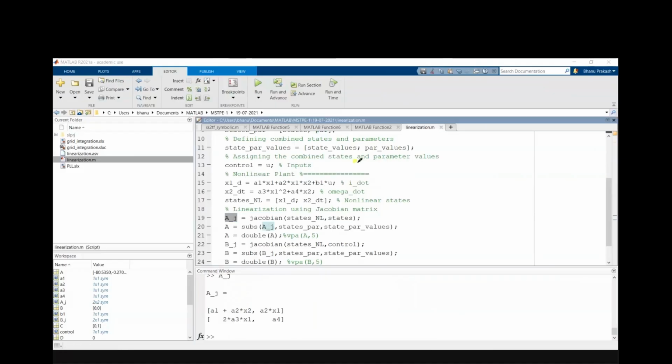Like if you have x1, x2, f is a function of x1 and x2, then Jacobian matrix will become f with respect to x1, which is partial derivative, and f with respect to x2. This is how you will see the partial derivative.